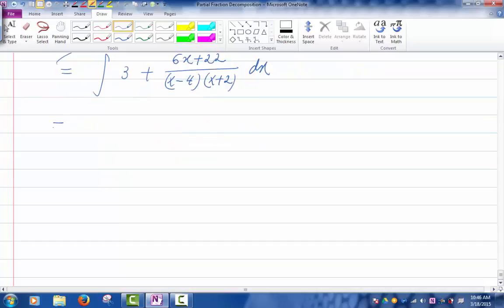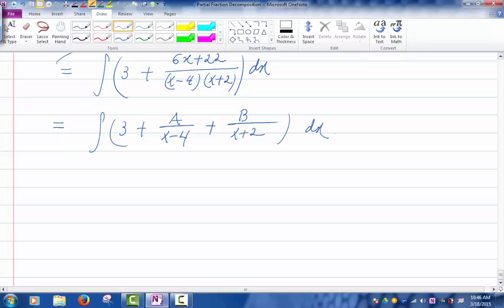And then we did partial fraction decomposition. We said this is a over x minus 4 plus b over x plus 2. And then we also solved for a and b. A, we got 23 over 3 over x minus 4. B, we got negative 5/3 over x plus 2.